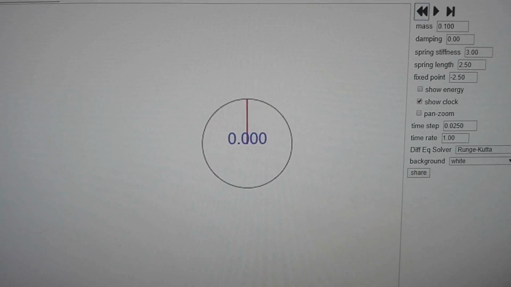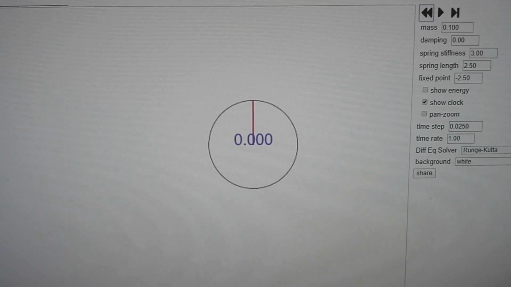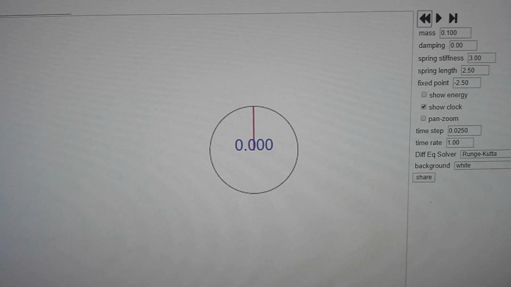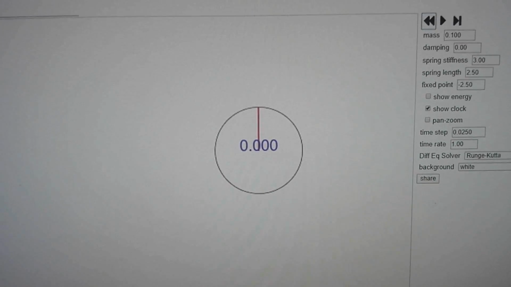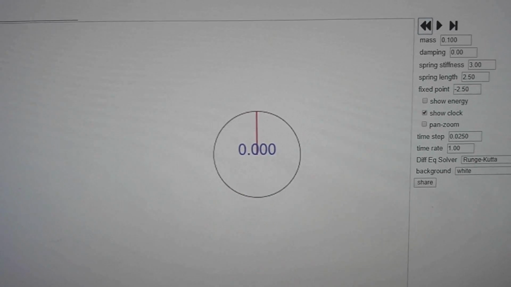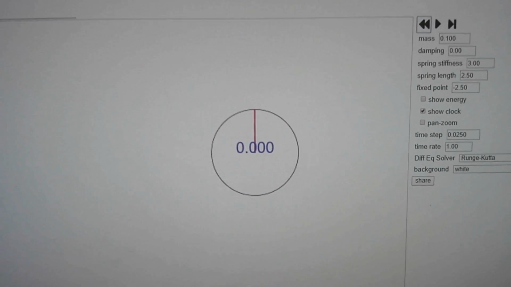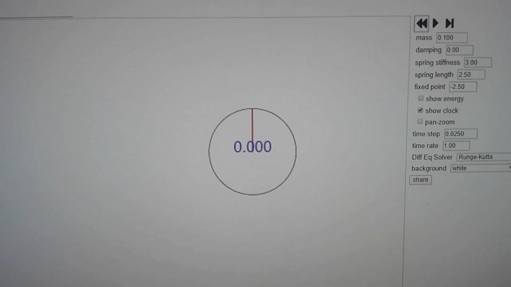So I want to show you one example. We have an object with mass 100 gram. In this example, I want to show you that the period of oscillation is independent of the amplitude.